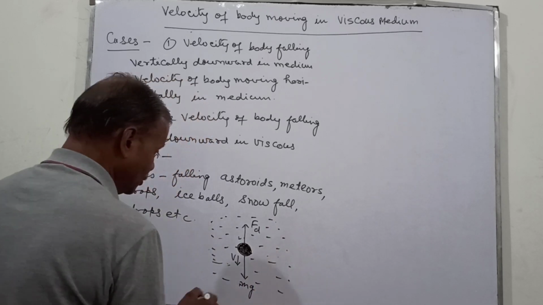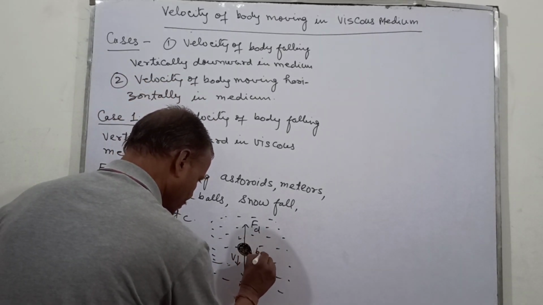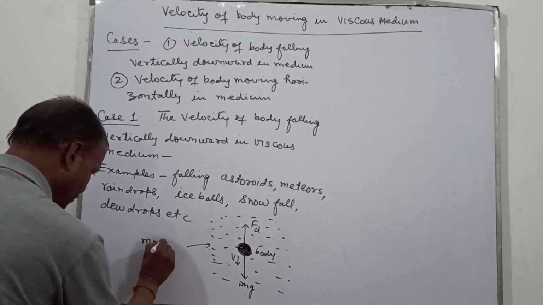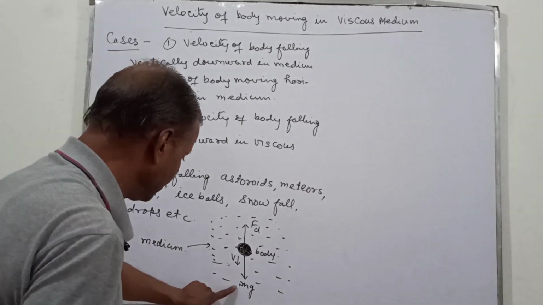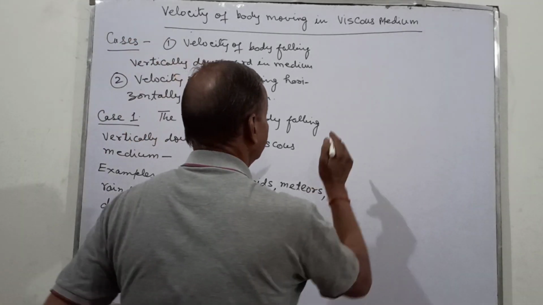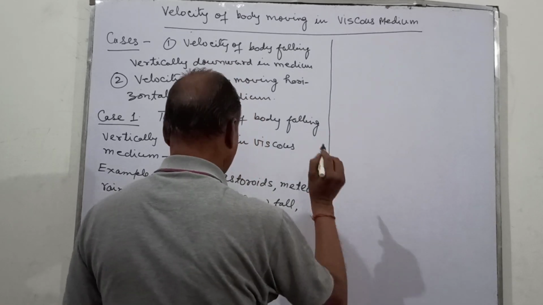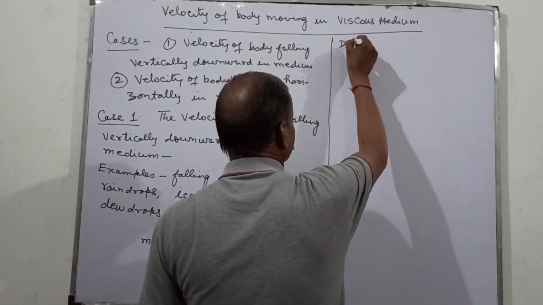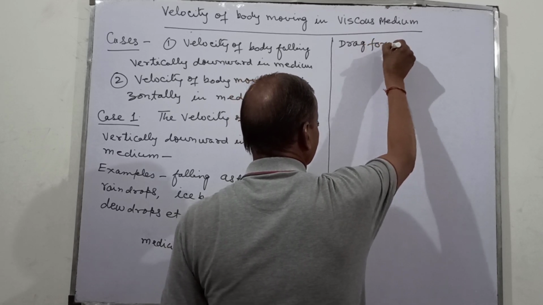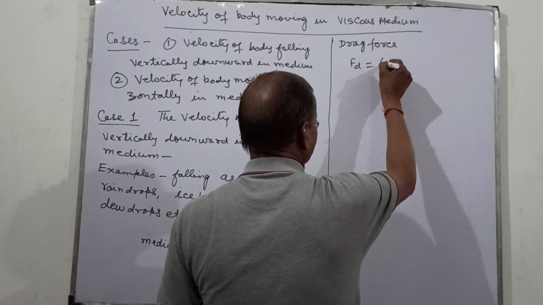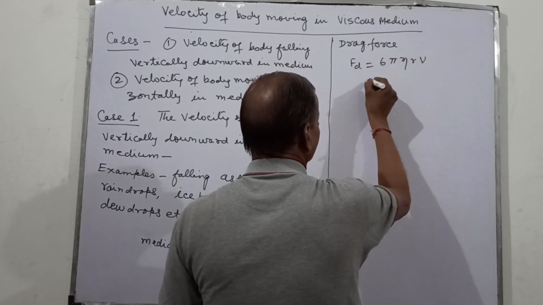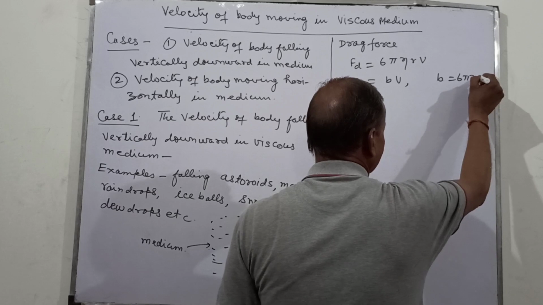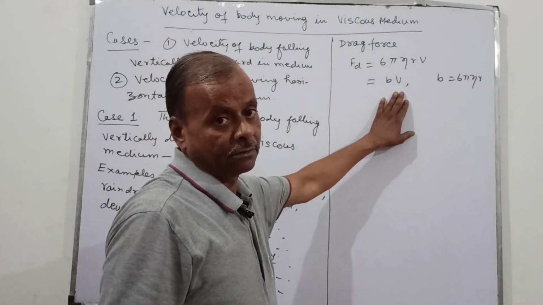So the weight of the body, and the drag force Fd is equal to 6 pi eta r V. So we can write it as BV, where this B is equal to 6 pi eta r. This V is the velocity of the object.